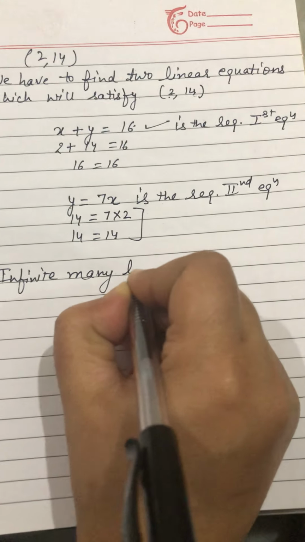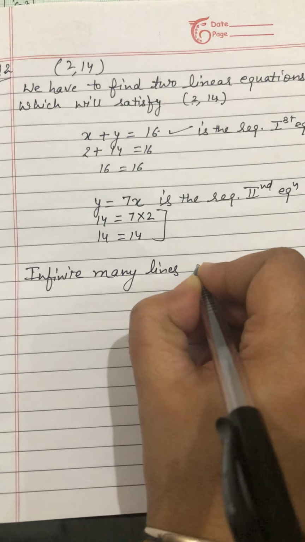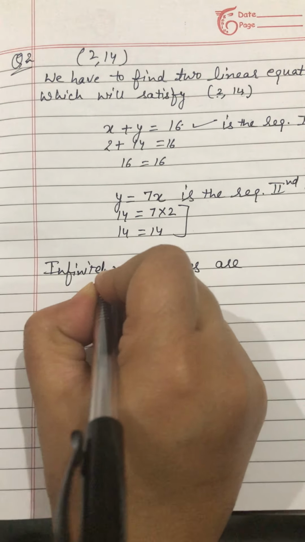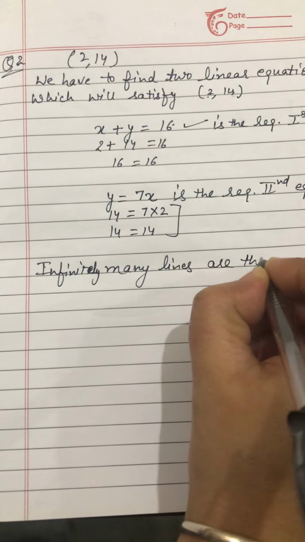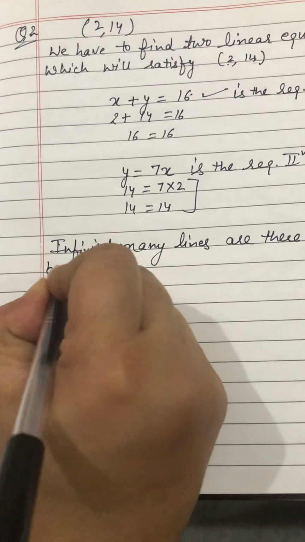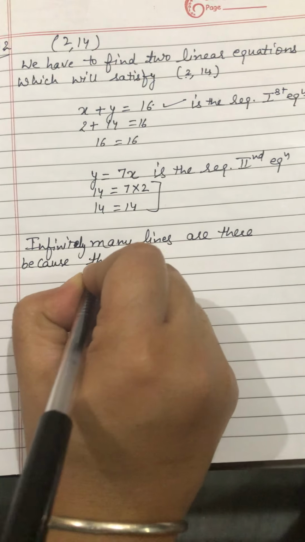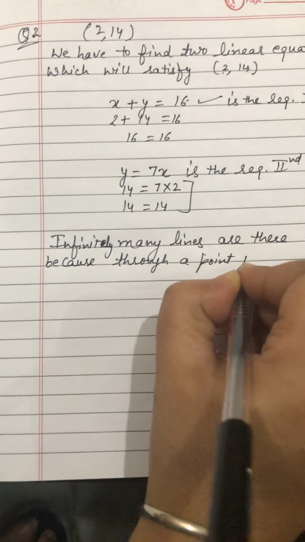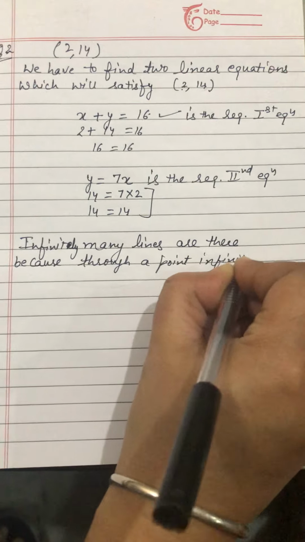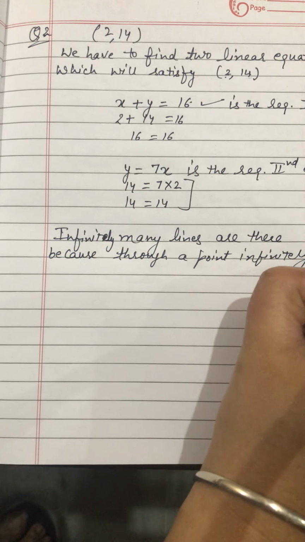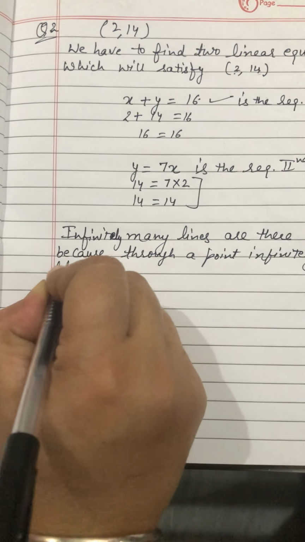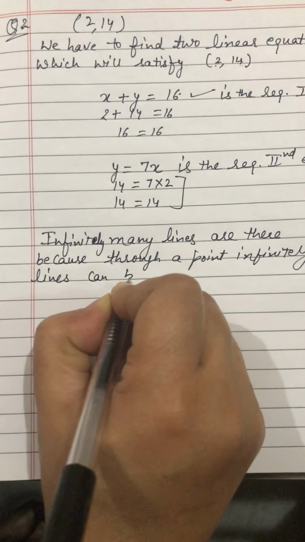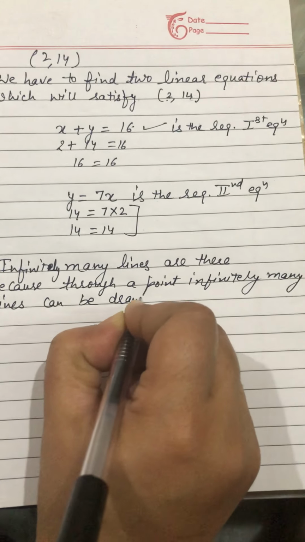Infinitely many lines are there, because through a point infinitely many lines can be drawn.